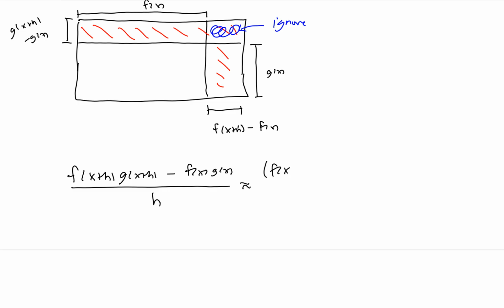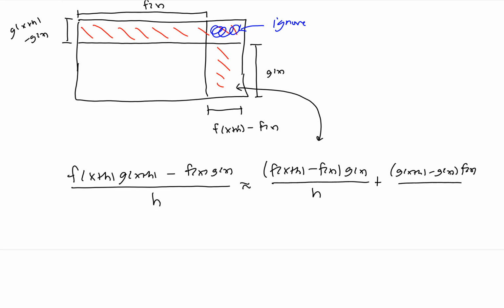So f of x plus h minus f of x times g of x, that's this red rectangle here, say over h, plus g of x plus h minus g of x times f of x over h, and that's this rectangle here.